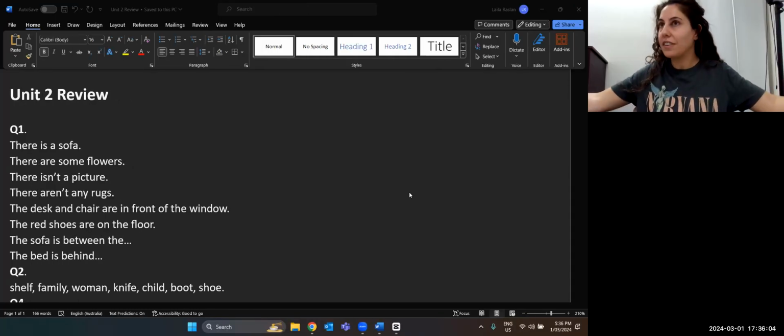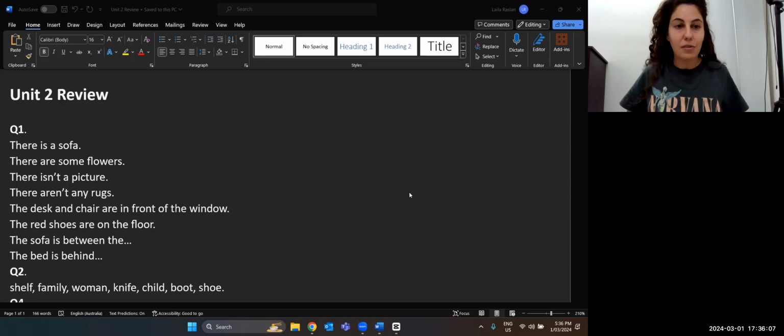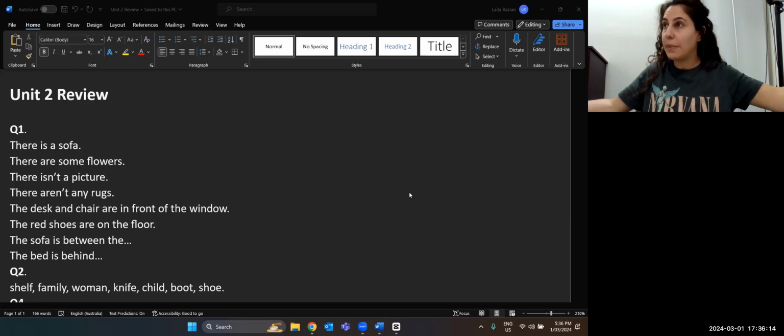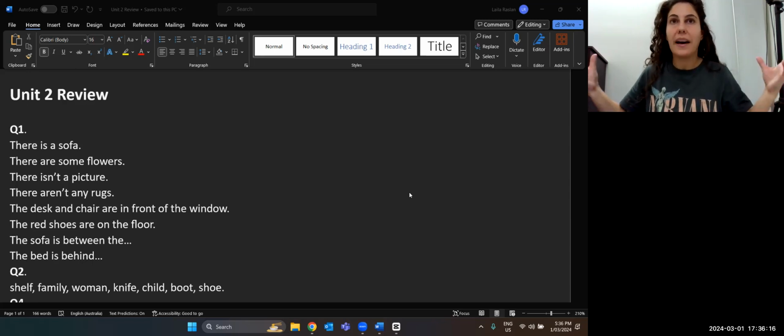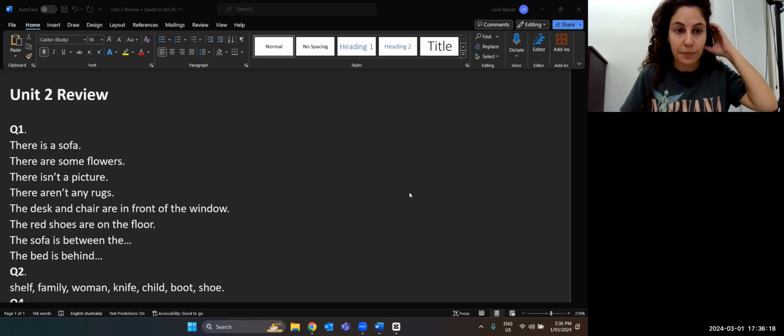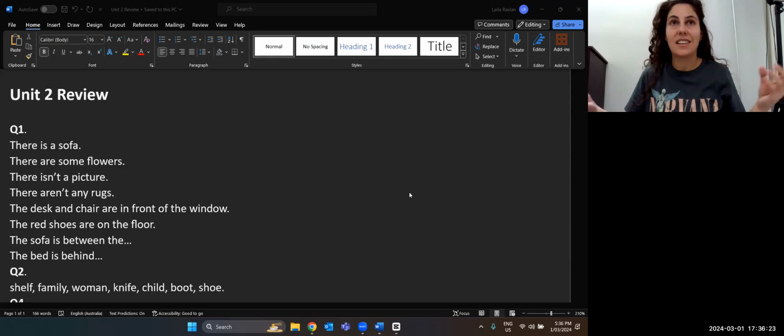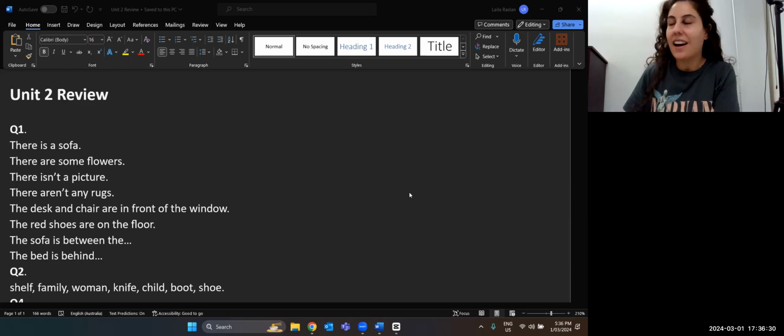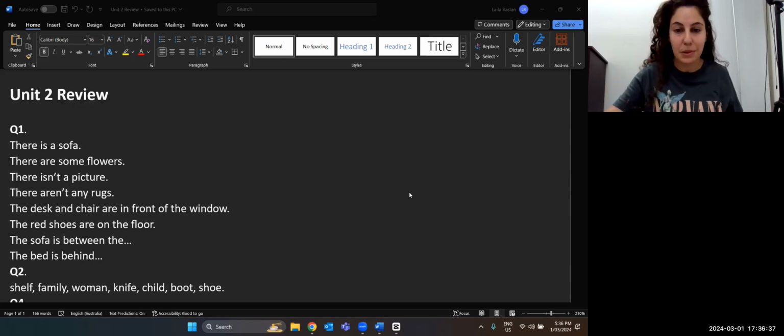Like there is a sofa in my room, there is a fan, there is a plant, there is a bed. You can talk about what you have inside your room, your class, your car, any building, any place. So that's the idea. And if it's plural, we say there are. So there is for singular and there are for plural.